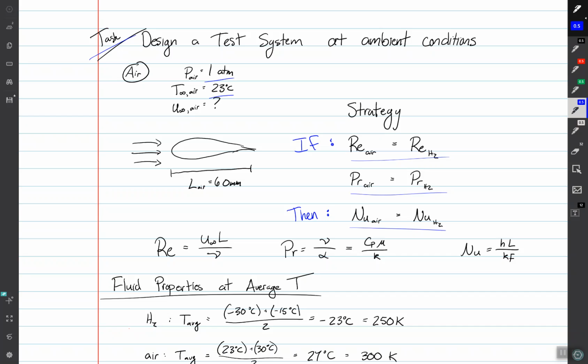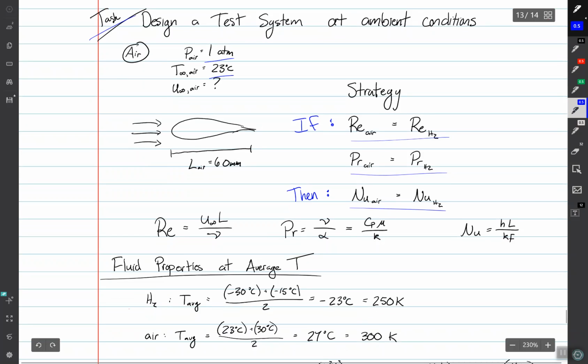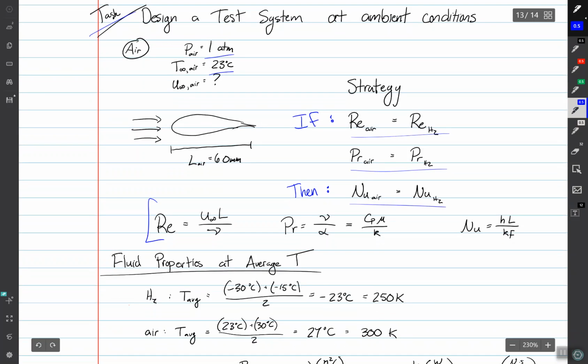So our three dimensionless groups: the Reynolds number, which is the velocity times a characteristic length, in this case the length from the front to the back of whatever shape we have, divided by the kinematic viscosity, nu. The Prandtl number is the kinematic viscosity over the thermal diffusivity.